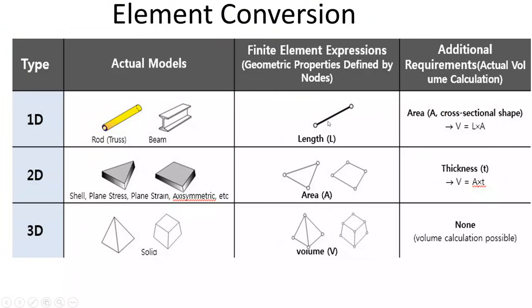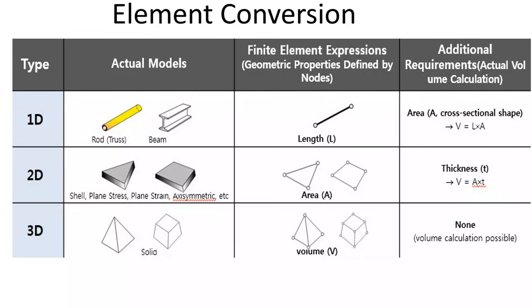The next one is the finite element expression, where the secondary inputs are given. For example, rods and beams, for any cylindrical objects acting under loads, and sections will be considered 1D. In the previous video we discussed how we classify 1D, 2D, 3D.